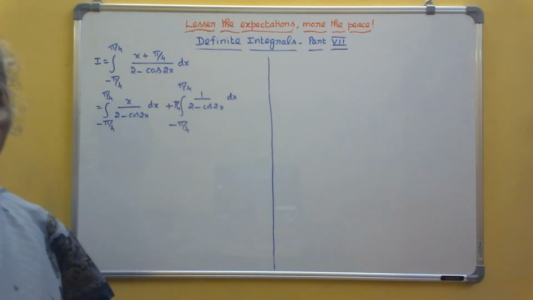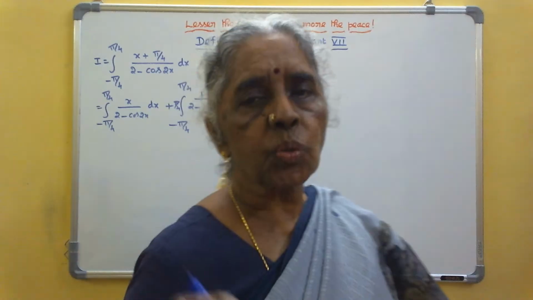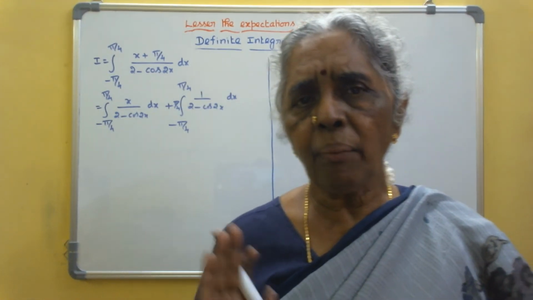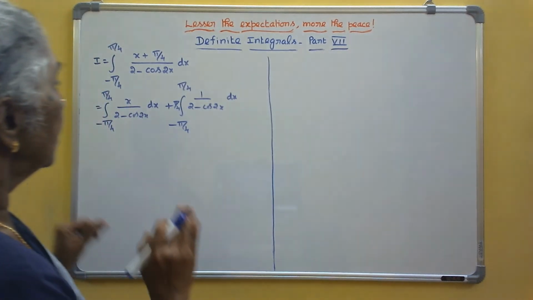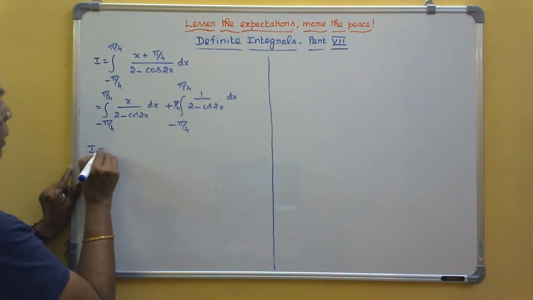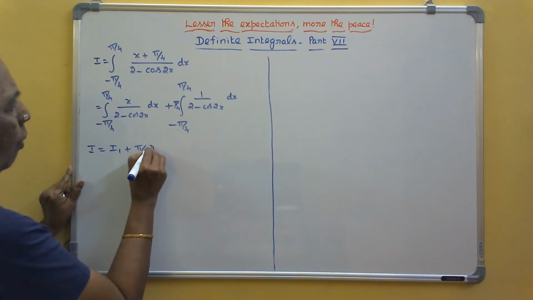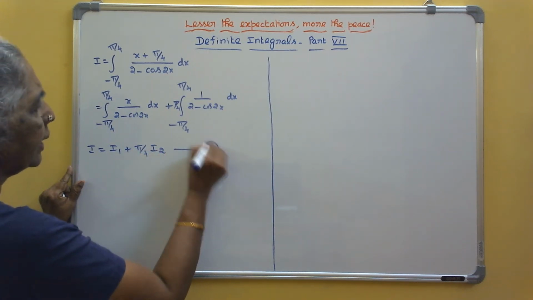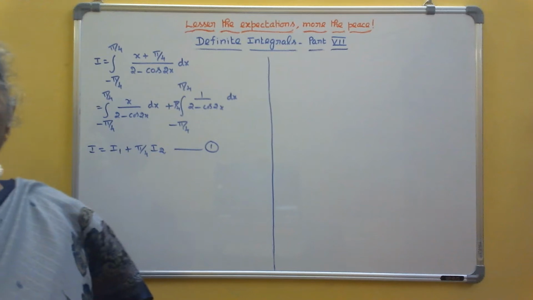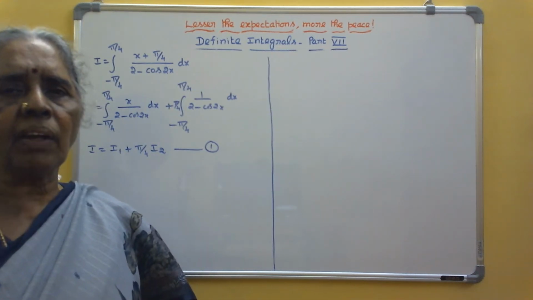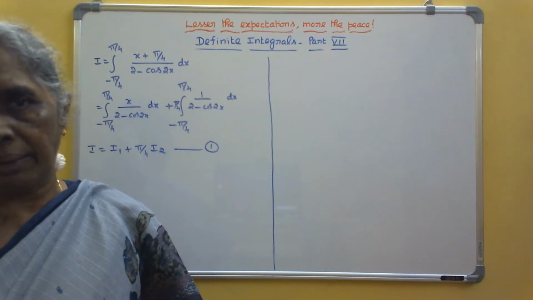Okay. So what I have done now? I am now splitting it into two parts. Okay. So now I will write I is equal to I1 plus pi by 4 I2 and keep this as my step 1. Because I am going to try whether odd function, even function for each integral separately.